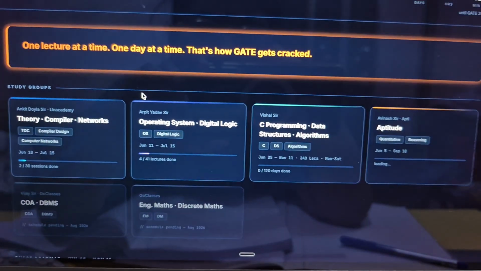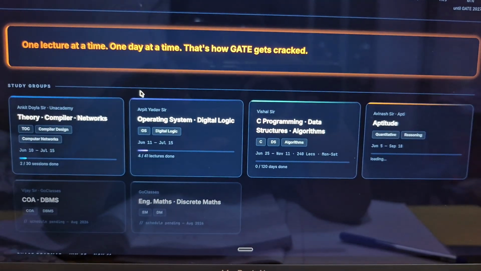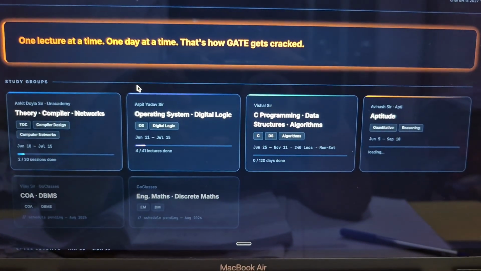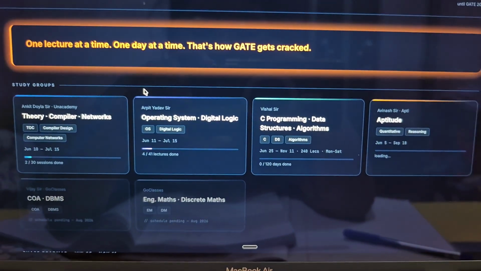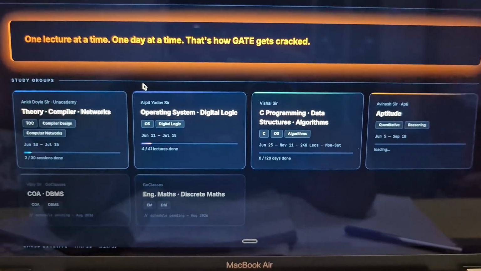Tomorrow my plan is I'll start my day with CD only. I had a target of 3 hours. Today I completed 3 hours of CD out of 10 hours. So tomorrow also, first I'm going to do 3 hours of CD and then I'll go for algorithms content.